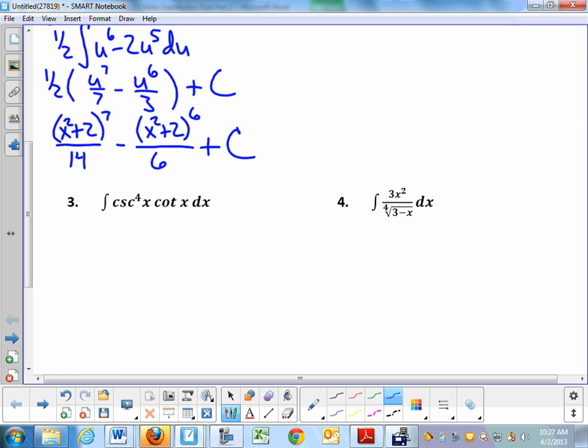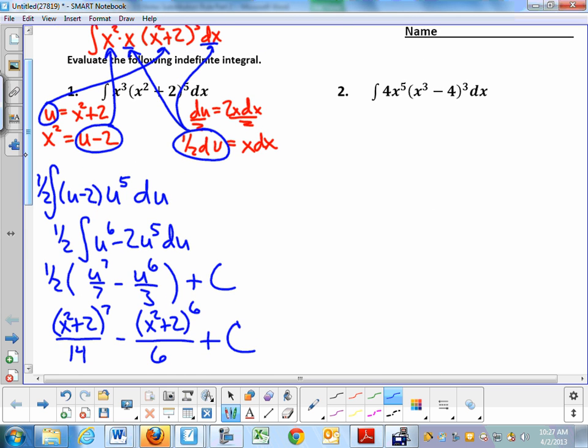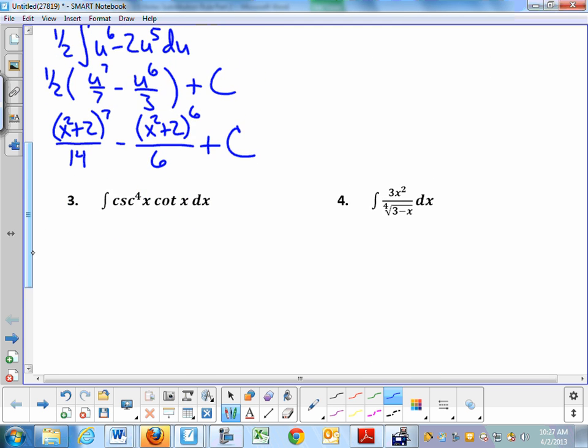Well, look at this. Could you anticipate this from this beginning part? It's pretty difficult. Aside from multiplying this all out, foiling it 5 times and then distributing x to the 3rd, we were able to do this pretty quickly.